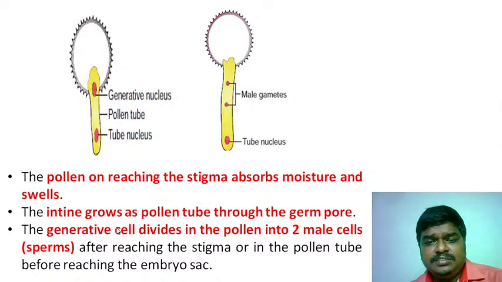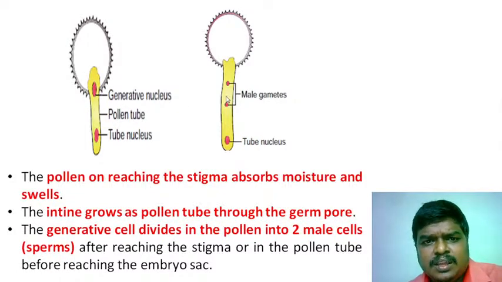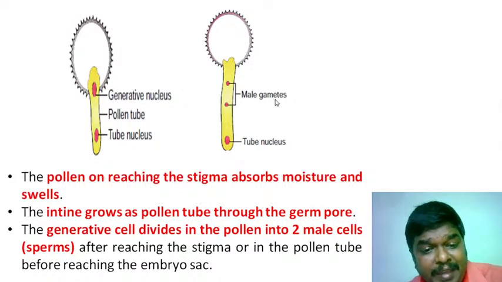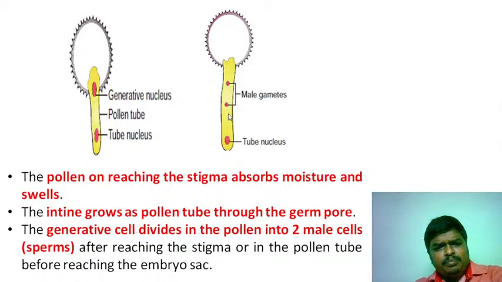The generative cell grows inside the pollen tube. The generative nucleus divides and forms two male gametes. Inside the pollen tube, the generative nucleus divides and forms two male gametes.